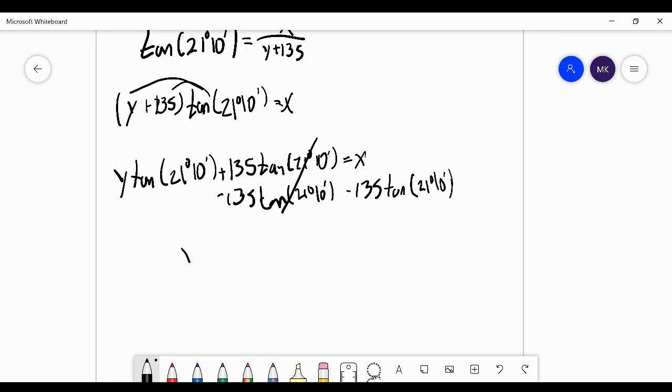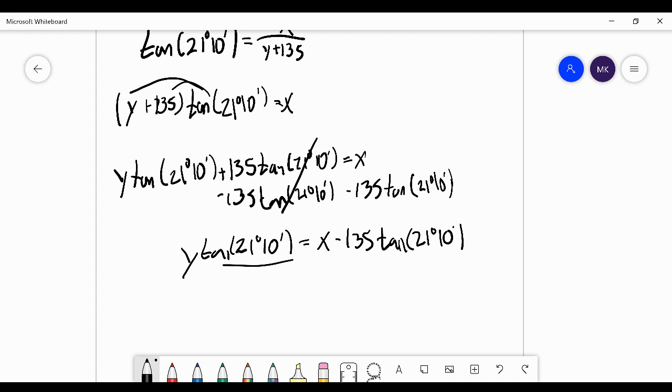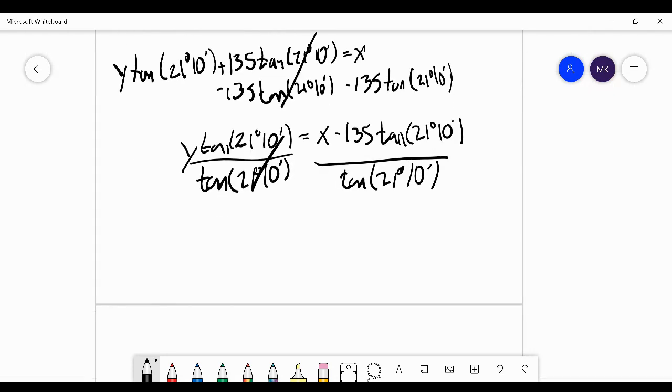And then we get y tan 21 degrees 10 minutes equals x minus 135 tan 21 degrees 10 minutes. Divide by the tangent of 21 degrees and 10 minutes. I know you're like, what in the world? What are we trying to do?